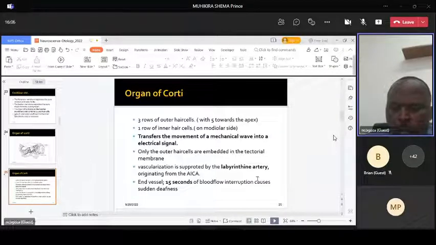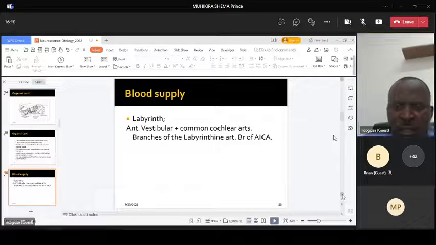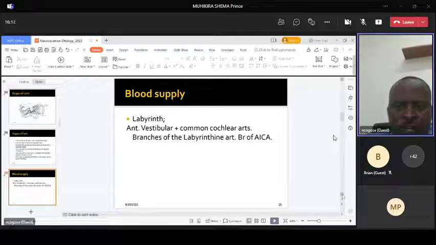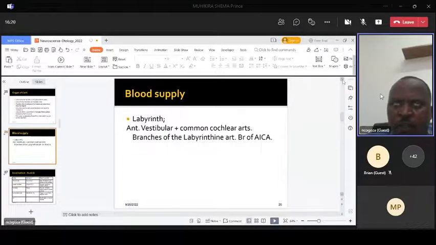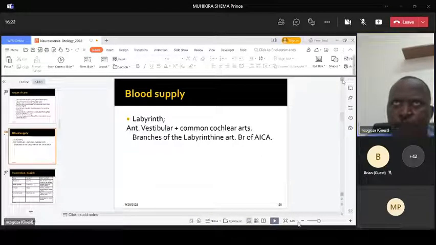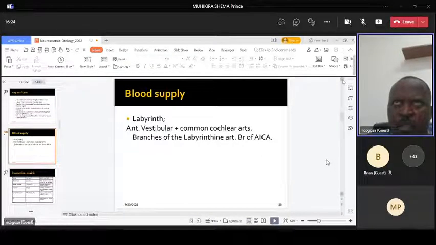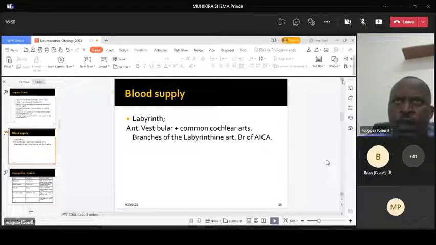So actually, this is what I wanted to talk about as far as the inner ear is concerned. To summarize, kindly understand that we have the vestibular system made by semicircular canals, the lateral, the superior, and the posterior, and also the vestibule made by the utricle and the saccule.